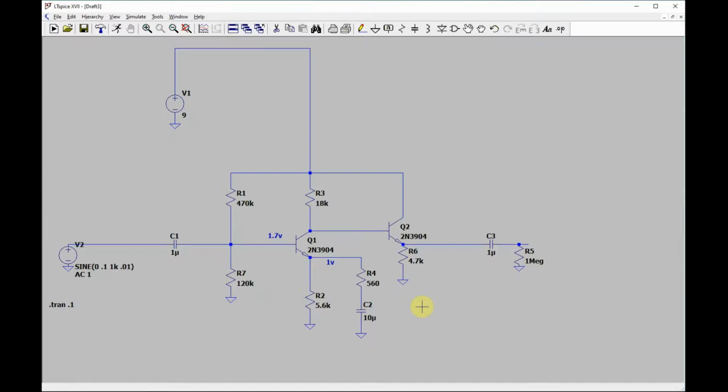The reason I don't do that is because these precise values matter somewhat. They don't have to be super precise, but if you put pots here, you're running DC through the pot, which usually doesn't matter because it's not high voltage or high current, but a 10K pot might be like 8K.